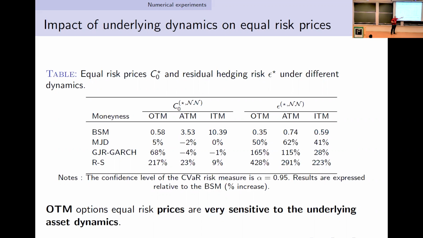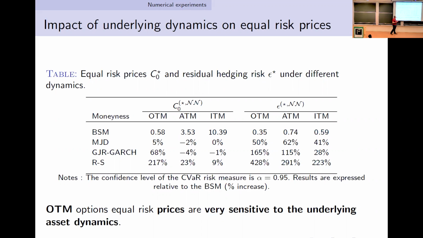We use CVaR 95% for this one, and we consider Black-Scholes-Merton, Merton jump diffusion, GJR-GARCH, and regime switching models. And Black-Scholes-Merton is not complete because we have discrete time rebalancing, but the amount of incompleteness is not very large in comparison to other models.